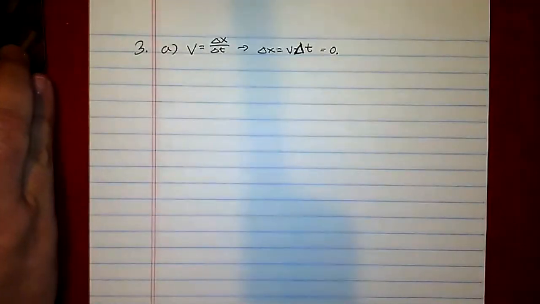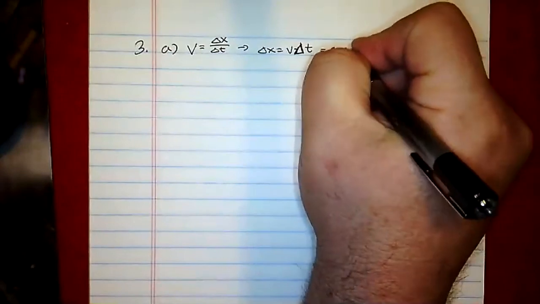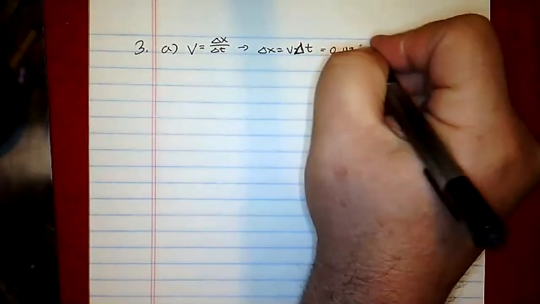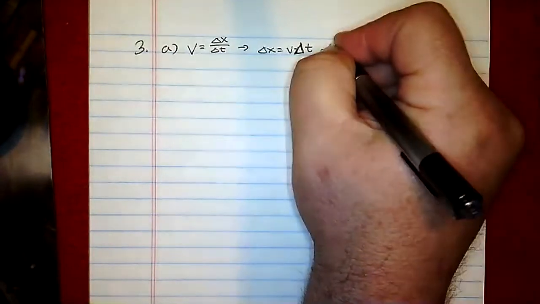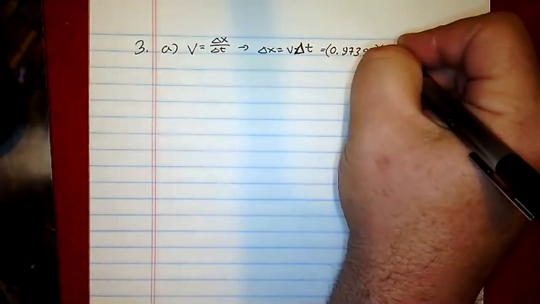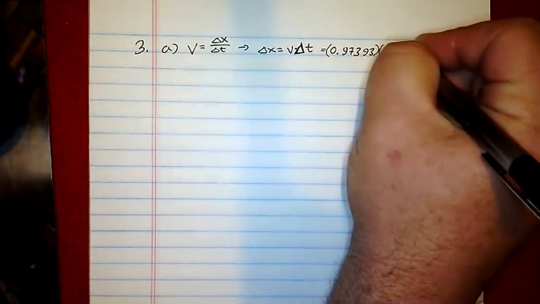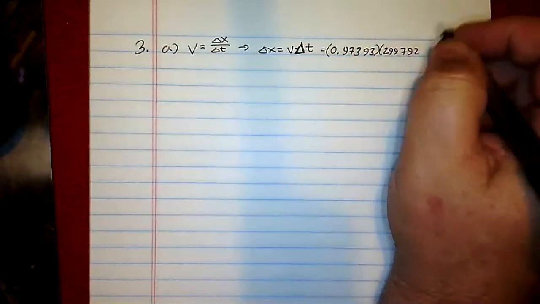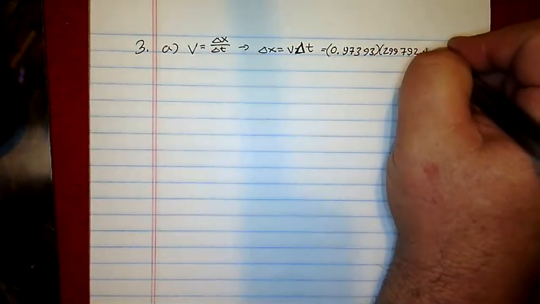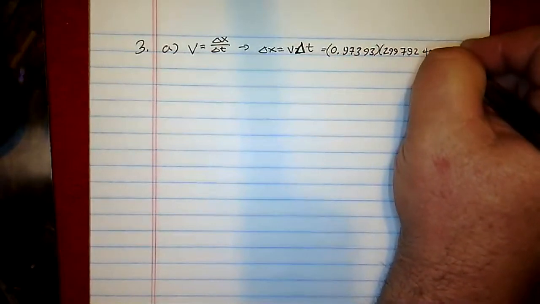And remember the figures that I gave you: 0.97393 times the speed of light, which is 299,792,458 meters per second.